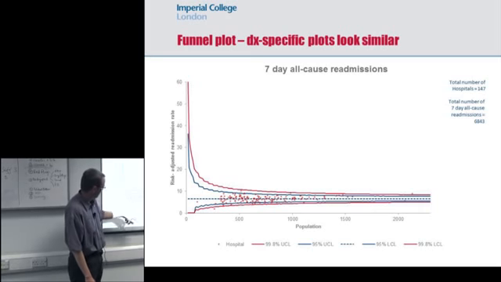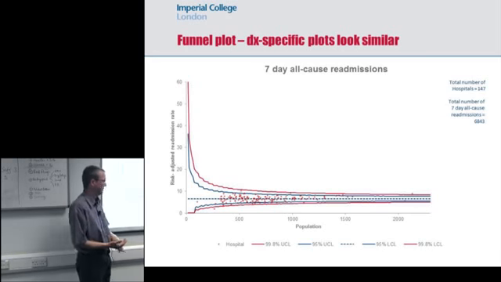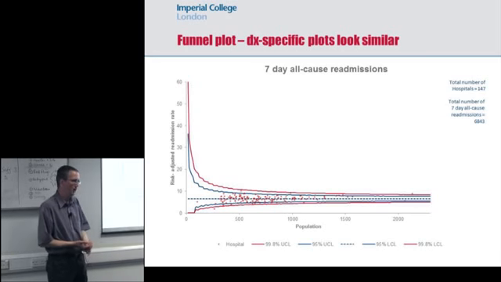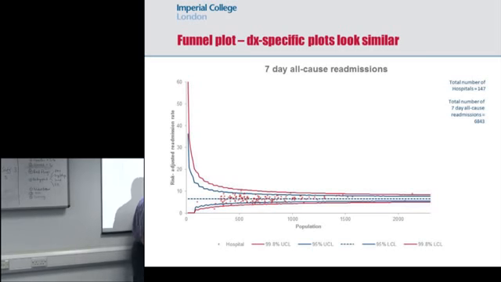Each dot is a hospital, and we've imposed 2 and 3 standard deviation control limits over the top. So with 150 hospitals, you would expect maybe one hospital to lie outside, up here or down here, and you've got, well, there's a low one there, and there's a high one there.